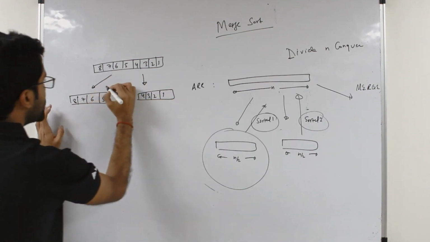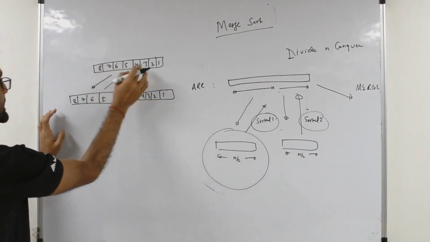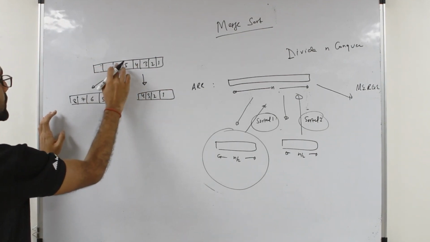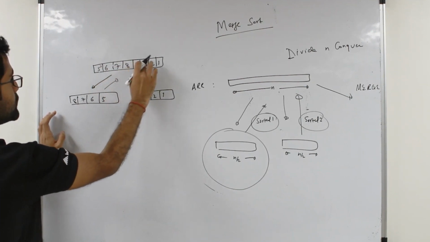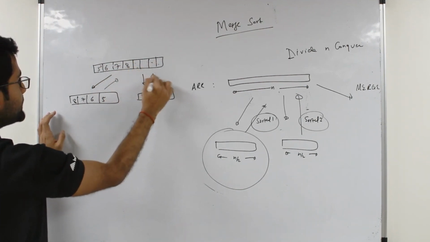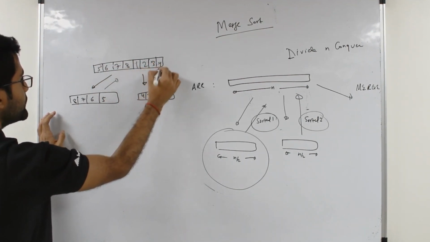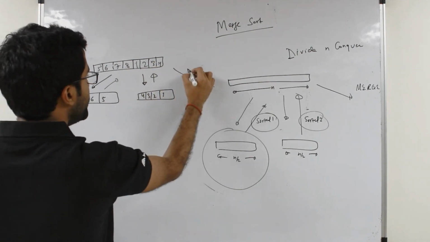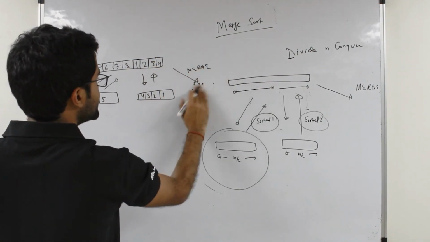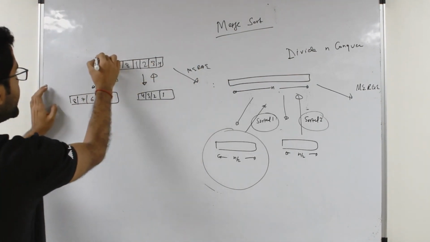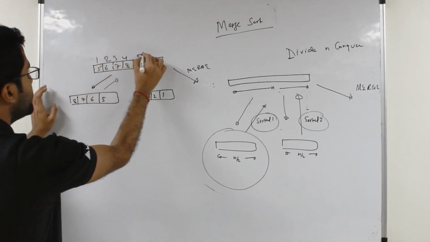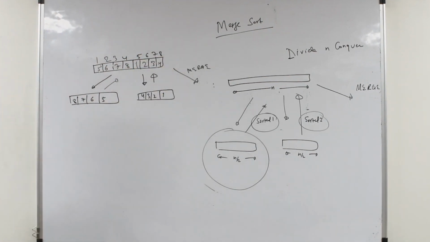By the time this problem is solved, this portion has become 5, 6, 7, 8, and this portion has become 1, 2, 3, 4. Now I need to perform a merge action so that this gets converted into 1, 2, 3, 4, 5, 6, 7, 8. So how do I do that?